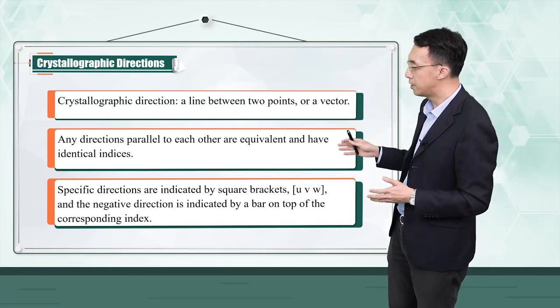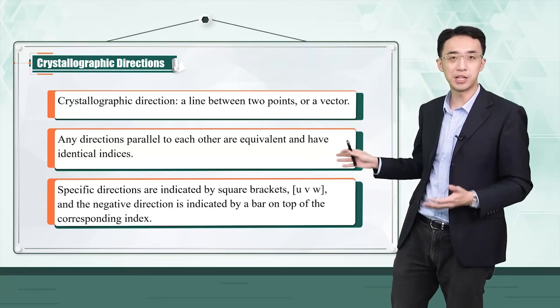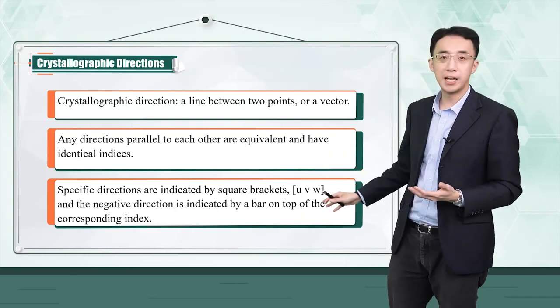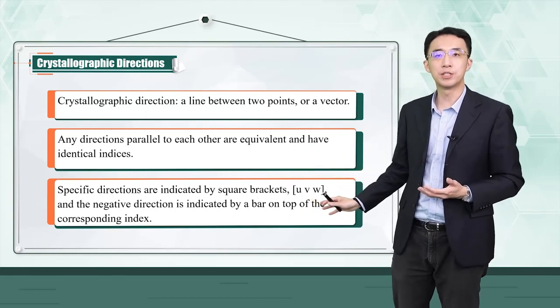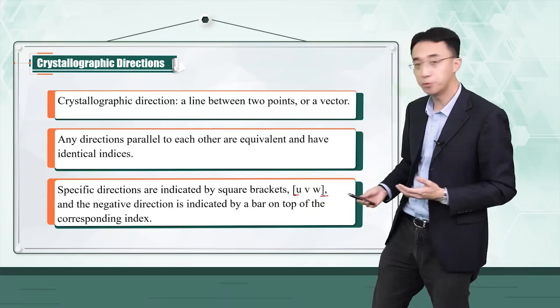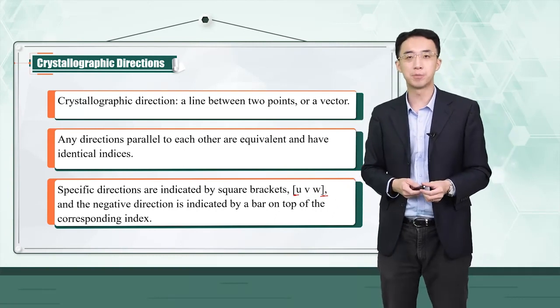The first one is that any directions parallel to each other are equivalent and should have the same indices. And you should indicate a specific direction in a crystal by square brackets, [UVW], where U, V, W are the indices corresponding to the direction.